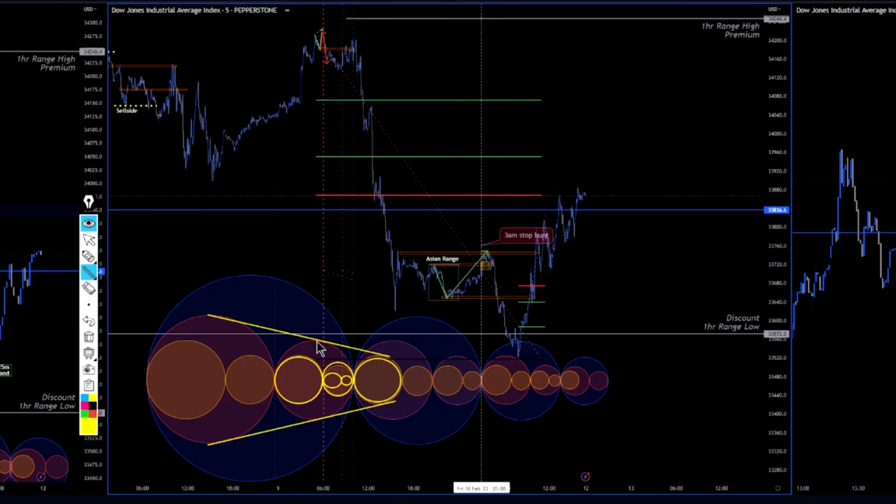So we have 1, 2, 3. That's the distribution. You look back, you got the smaller circle, and then the same size effectively. So you got that kind of step.